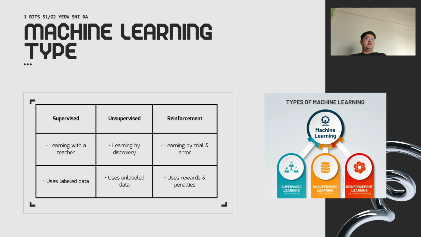The third is reinforcement learning, where the machine learns by trial and error. It makes simulations, collects data and learns from the simulation results, and the user gets rewards and penalties. And that's all from me.